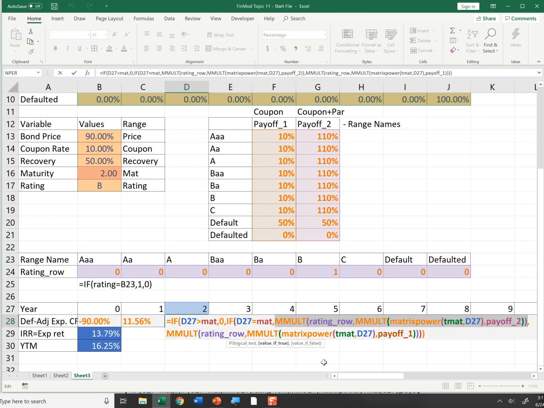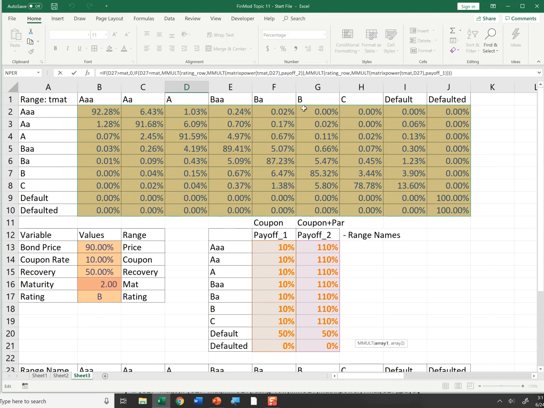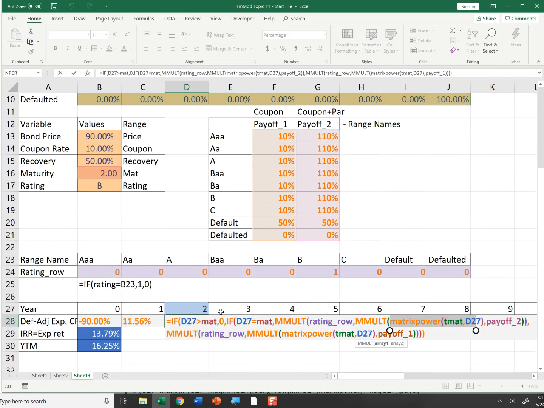It is a matrix multiplication of this inner part here, the ratings row, times an MMULT of the matrix power, this, to the second power times this.